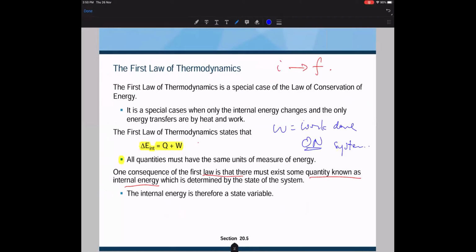So if you have a positive W, you have a system and there is an environment.